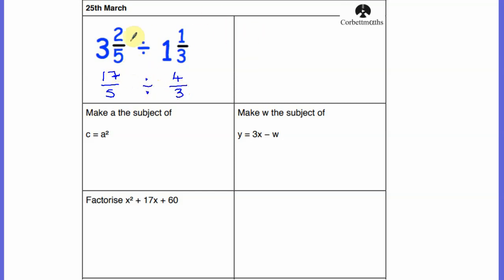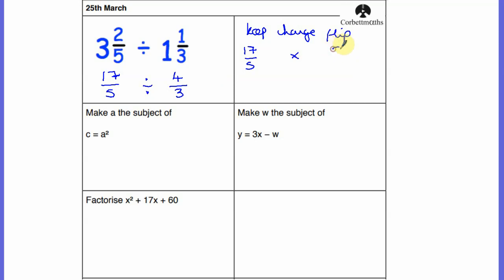Dividing fractions, you might have heard of the whole keep, change, flip tactic. So that means we keep this first fraction, so we keep that as 17/5. We change the divide to a times, and then we flip this fraction.